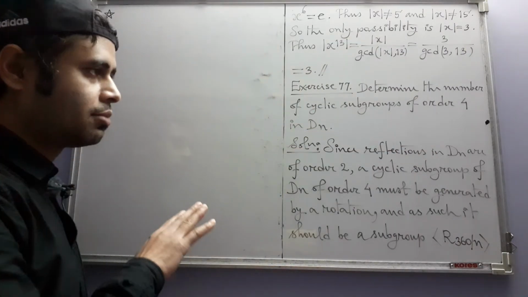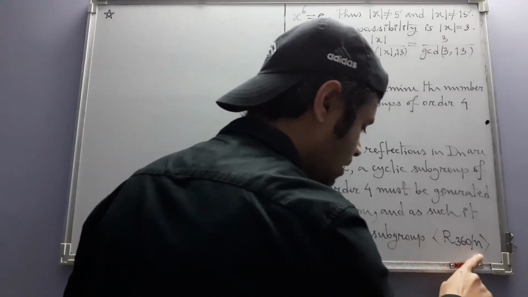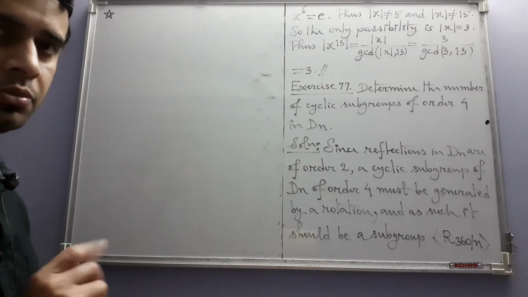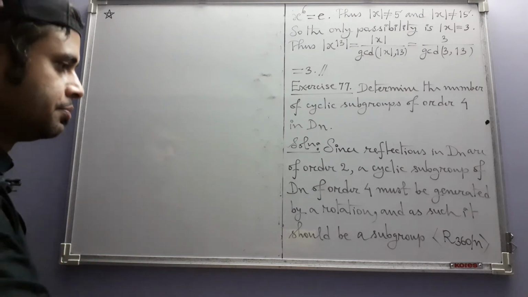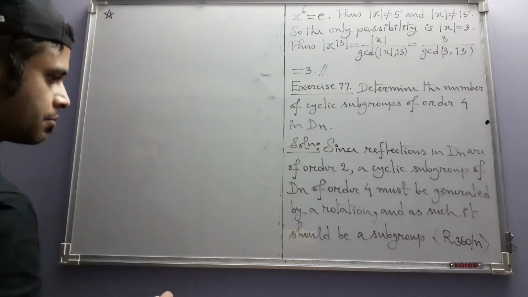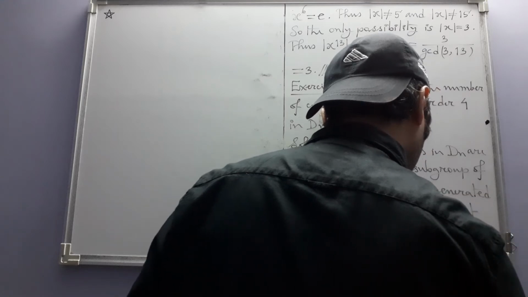And by theorem 4.3 we know that this cyclic group has exactly one subgroup of order 4.